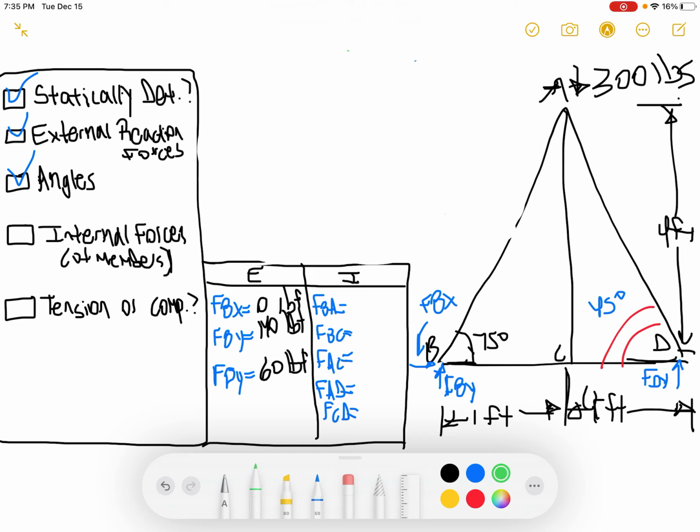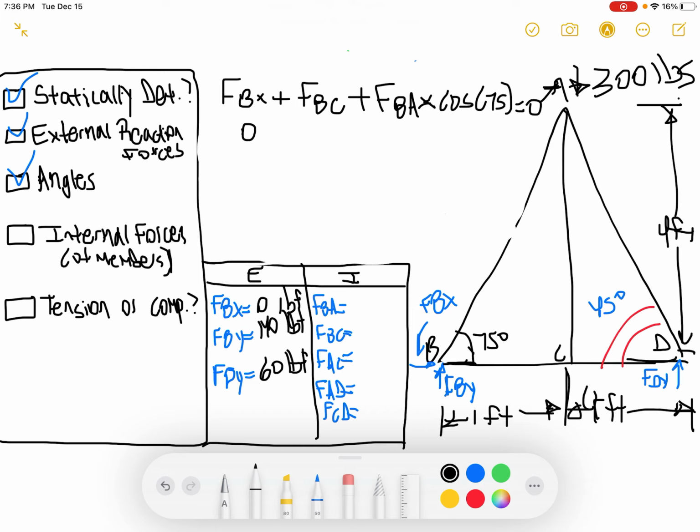So we're adding the X components. The first component is FBX. The second one is FBC. And the third one is FBA, but we need to multiply it by the cosine of the angle, which is 75 degrees, and set that all equal to 0. Well, we know FBX is 0.